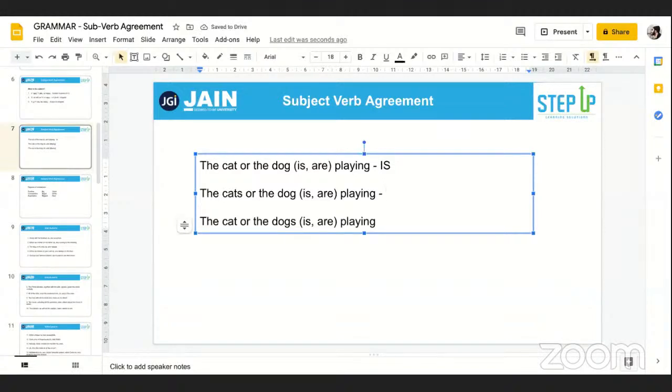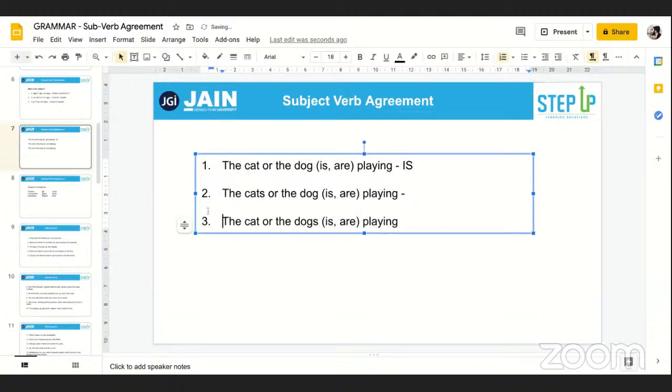Okay. So for the first one, which is the subject? The cat or the dog. Guys, which is the subject? Some of you are saying cat, some of you are saying dog. Both are subjects, but we see the closest subject.